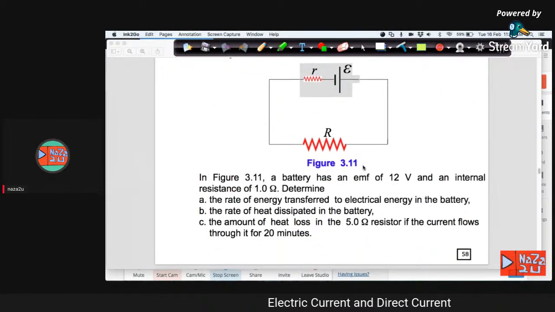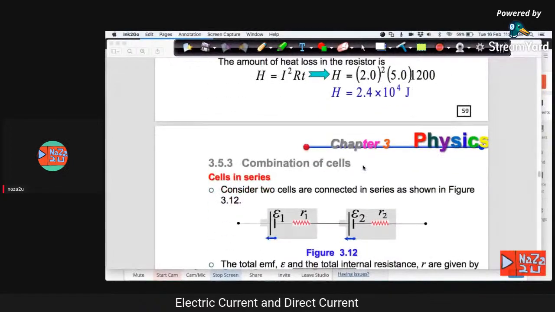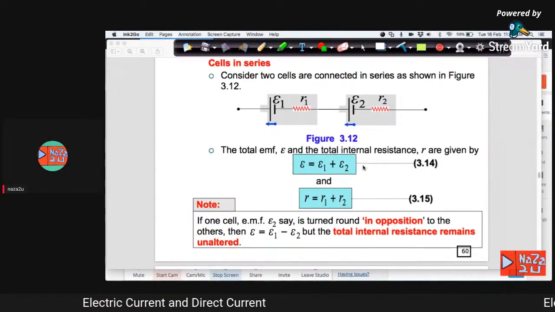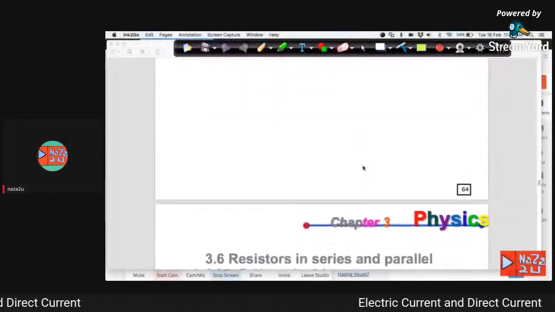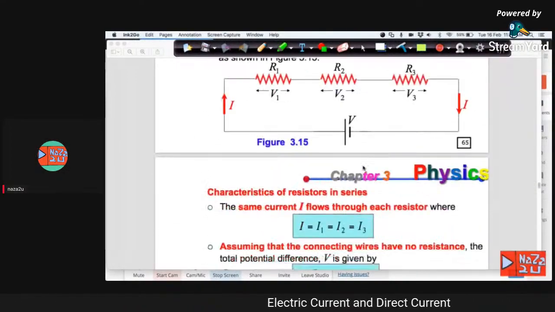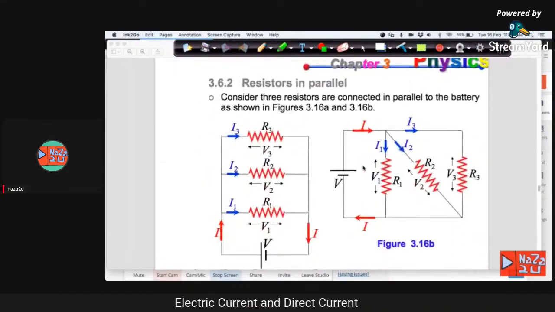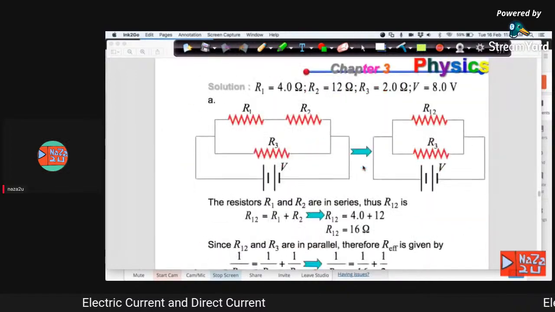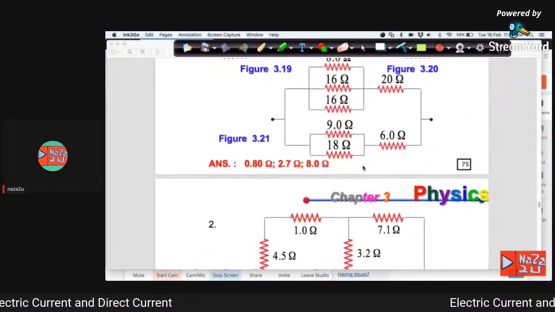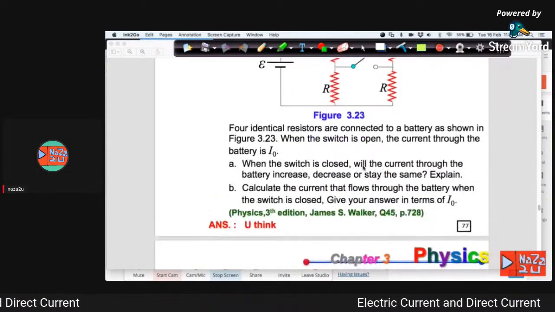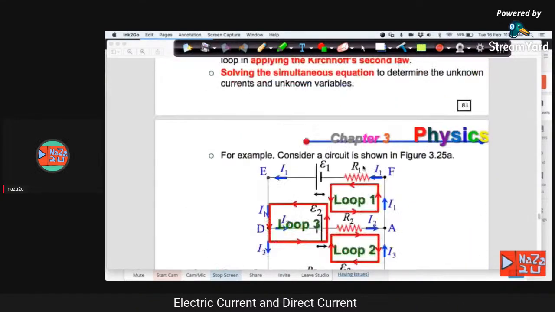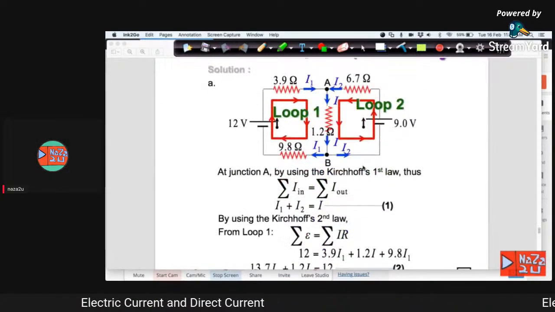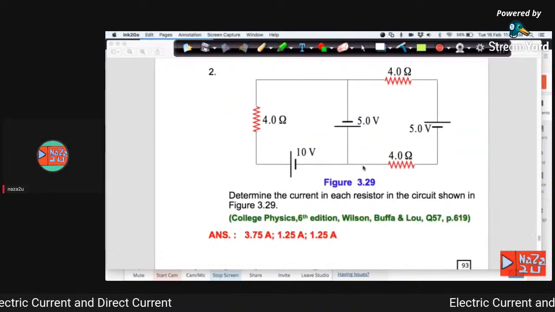Okay, so yang ni boleh tengok dulu ya. Okay, ini tak ada ya. Kita bincang. Resistor in series actually kita dah bincang tadi ya. Slide ni dia ulang balik. So, jadi kita ada lagi Kirchhoff law, kita akan bincang dalam sesi face to face untuk tutorial nanti.